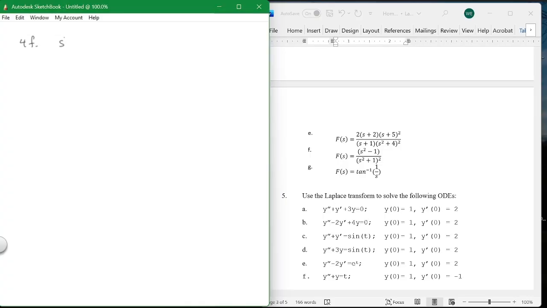This one's a little easier. s squared minus 1 over s squared plus 1 quantity squared is equal to what? A over s squared plus 1 plus b over s squared plus 1 quantity squared. So with this one, you can say, all right, let s equal i, and then that plops out this one.